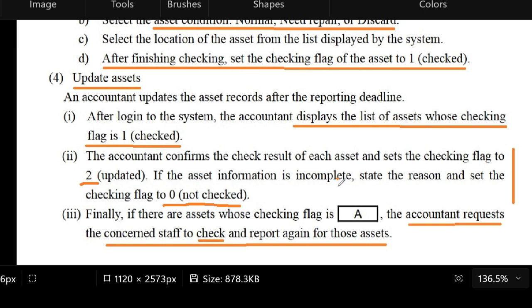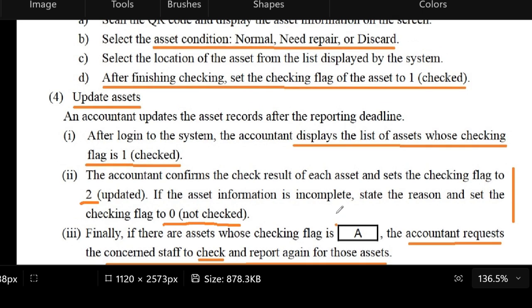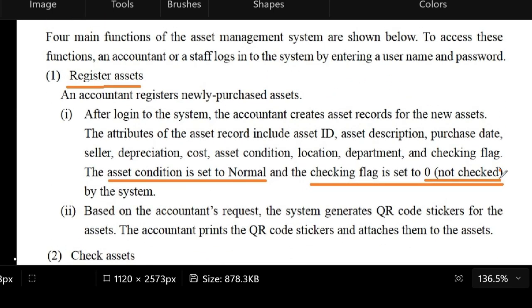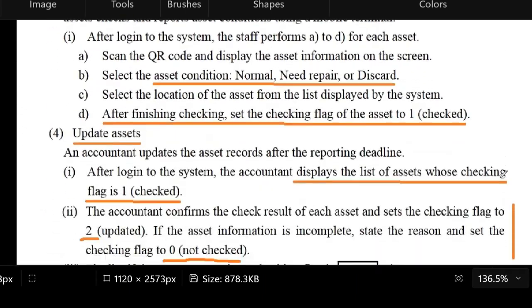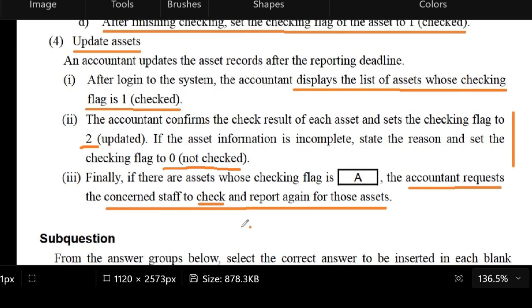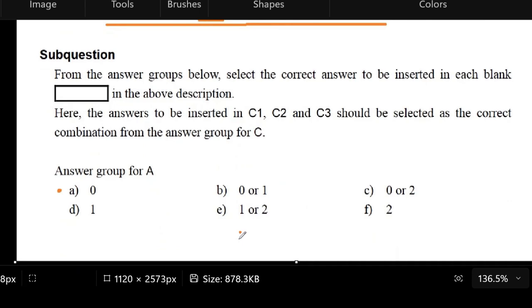To arrive at the correct answer, we have to follow the steps here to understand what's happening, and then understand that the checking flag could be set to 0 again if the accountant finds that the information is incomplete. And again, we have the emphasized word check here. So for this question, the correct answer is 0.